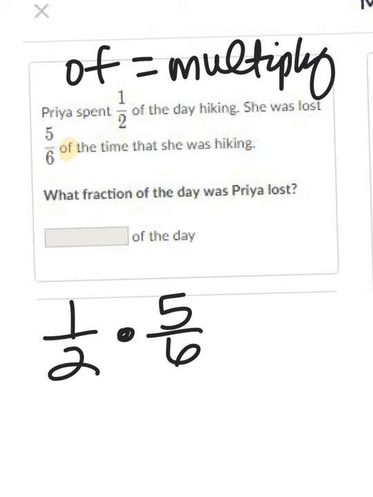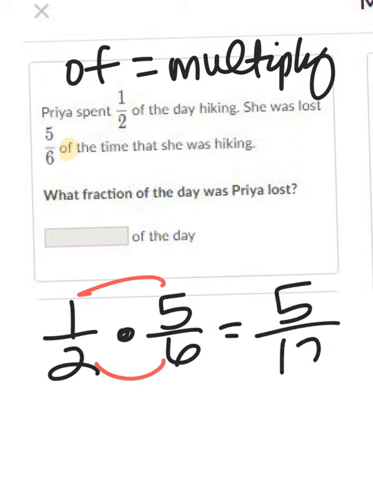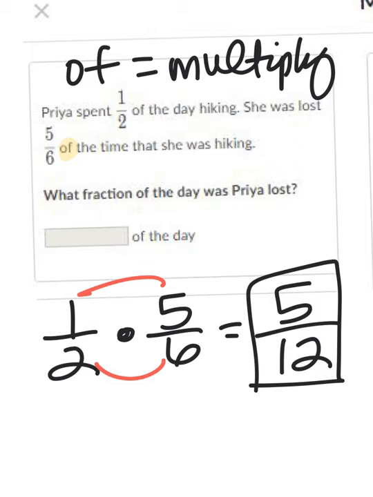Once you get it set up, you're going to check your cross multiples and see if anything cancels. 2 can't go into 5 evenly, and 1 into 6 is already as simplified as it can get. So now you just straight multiply across the top. So 1 times 5 is 5, and 6 times 2 is 12. So she was lost for 5/12 of that day.